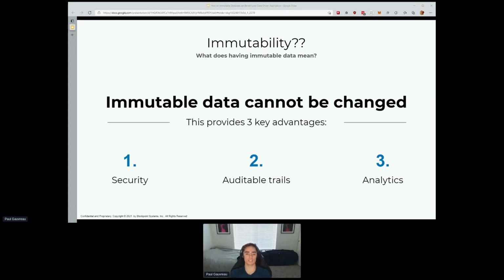Now, the next thing is auditable trails. In order to achieve immutable data inside a database, right, you can't delete anything. You can only store different updates or differentials and amend new data.